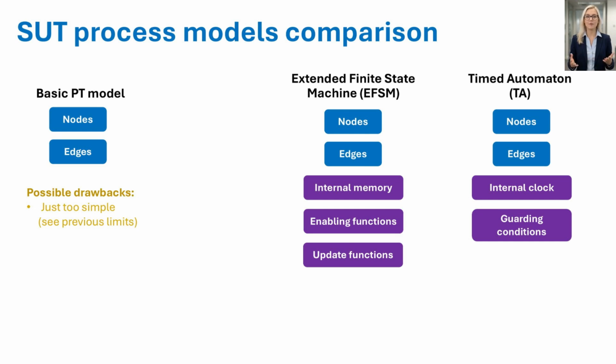Now, let's talk about the possible drawbacks of all three models that we have discussed. We have just described basic model simplicity and the drawbacks arising from it, which are, to recap, a semantic gap and the inability to handle a number of practical situations that occur during the real-life testing process.